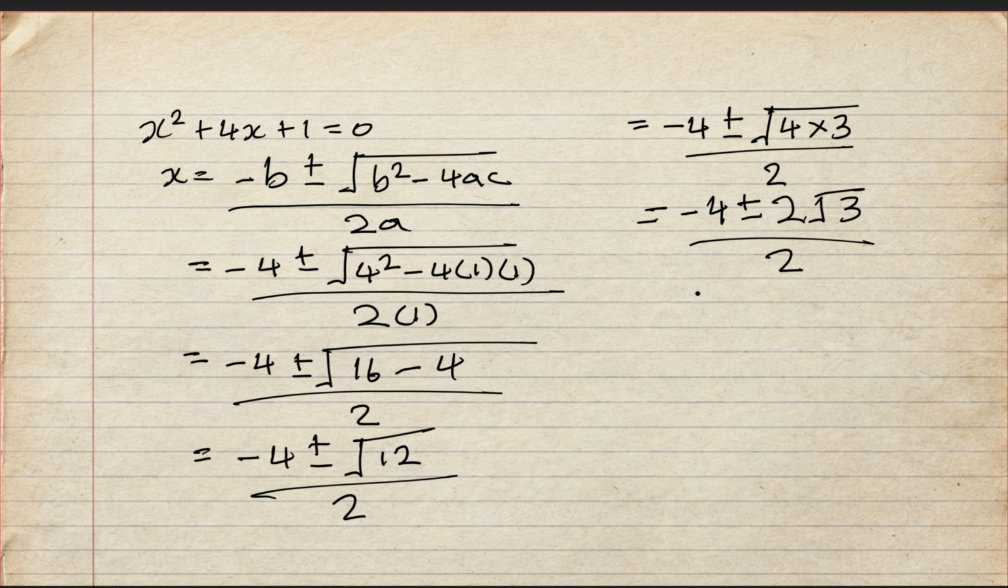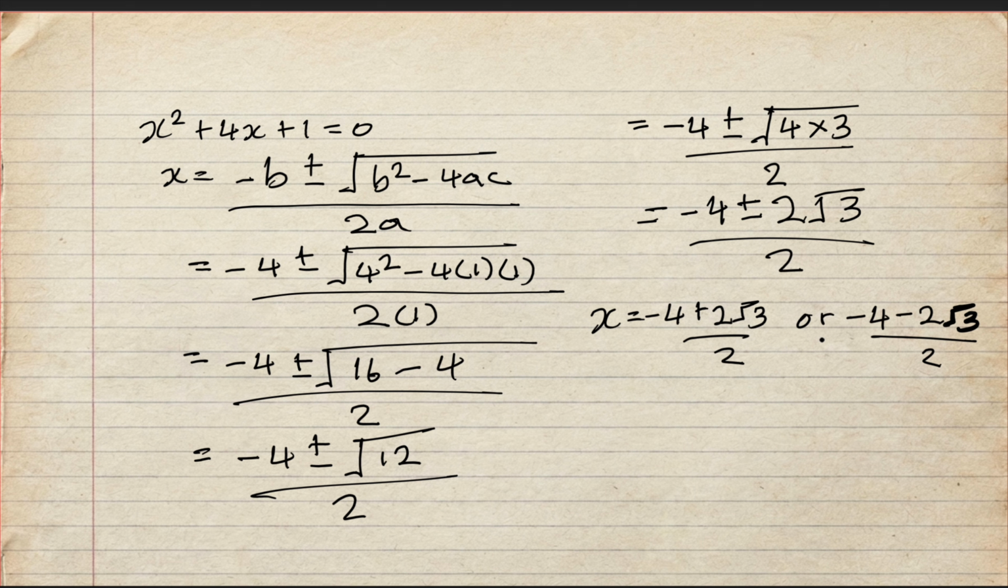So x is equal to minus 4 plus 2 root 3 over 2, or minus 4 minus 2 root 3 all over 2. So this is what we have so far.